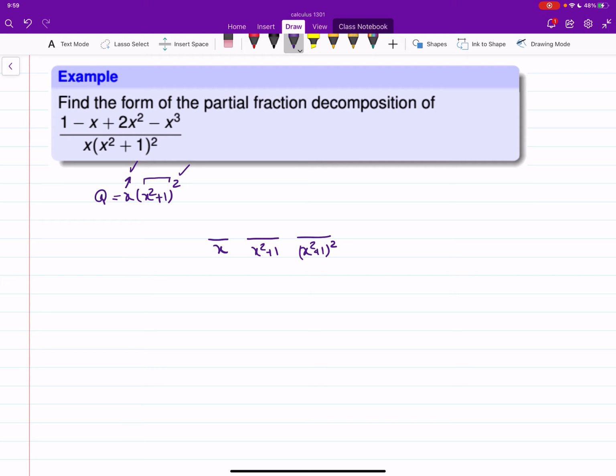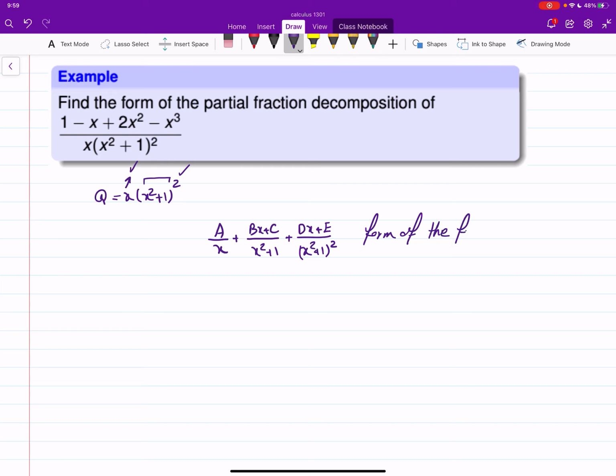In the numerator of the linear one, you have only one constant, but in the numerator of the terms which have a quadratic in the denominator, you must make sure that you include a degree 1 term there. So this will be dx plus e. Okay, so that is the form of the partial fraction.